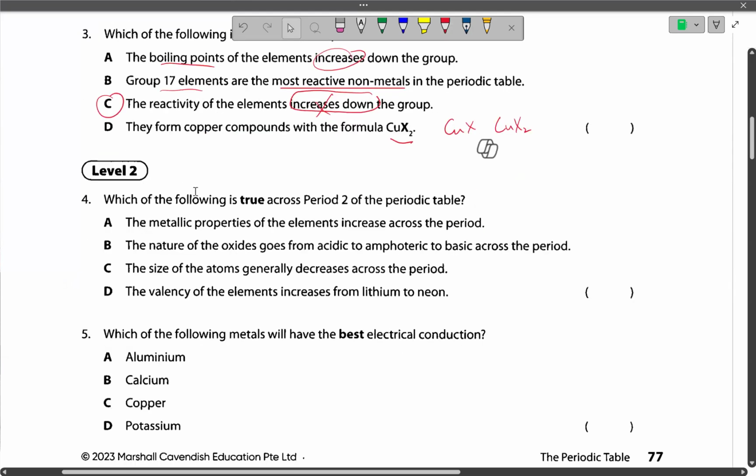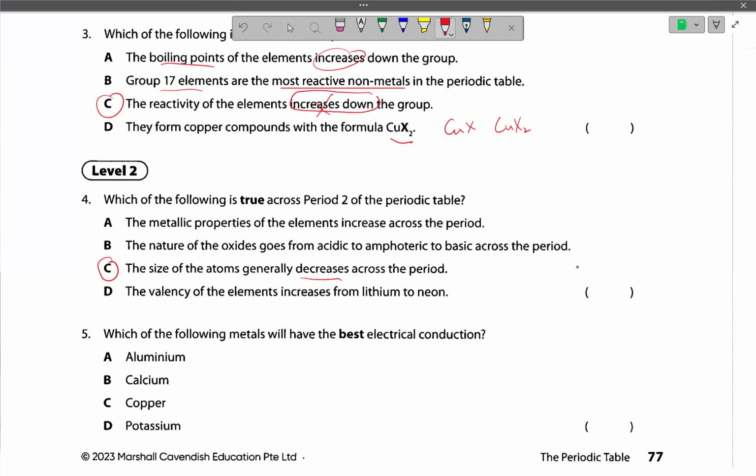Number 4. Which of the following is true across period 2? The size of the atom decreases across. Atomic size decreases because as you go across period 2, there are 2 shells. If the shells are equally spaced, then of course the size would be equal.